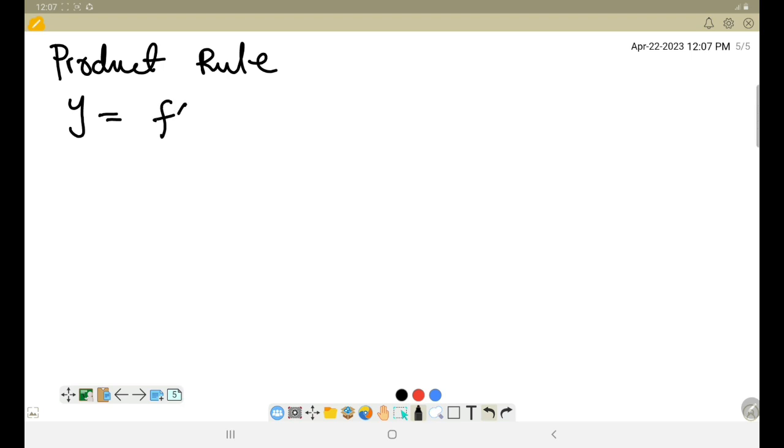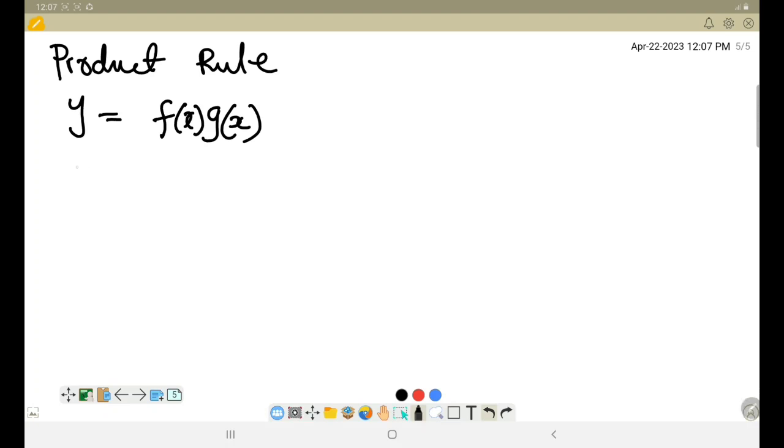So y equals f of x multiplied by g of x. You have two functions that are multiplying each other, which are f of x and g of x.